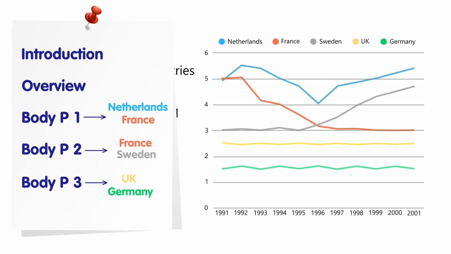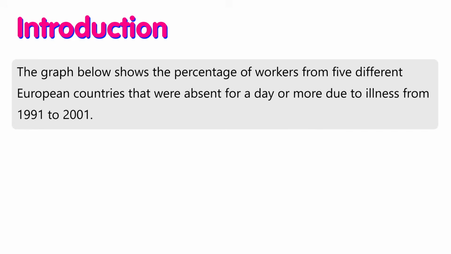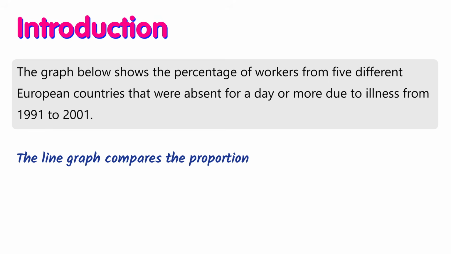All right, so let's just start with writing our introduction paragraph. Well, it's pretty clear. We just paraphrase the question, right? We restate the question itself using some synonym words. So if in our introduction, it starts with the line graph, the graph below shows the percentage of workers, we can write compare. The line graph compares the proportion.